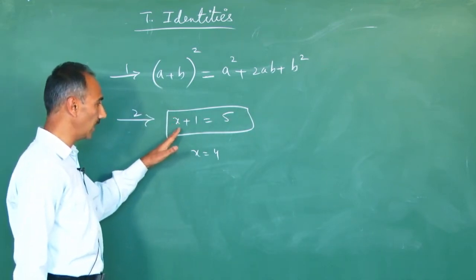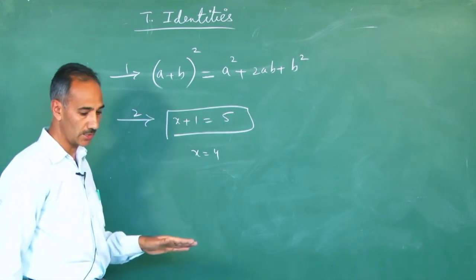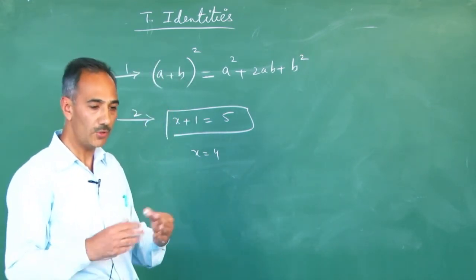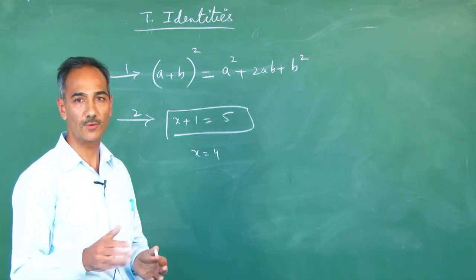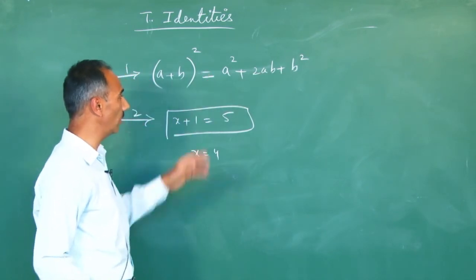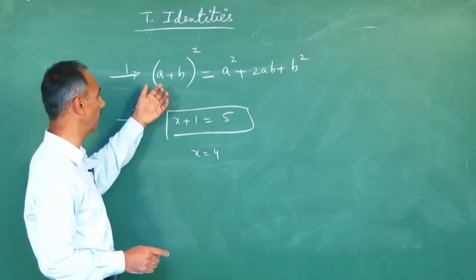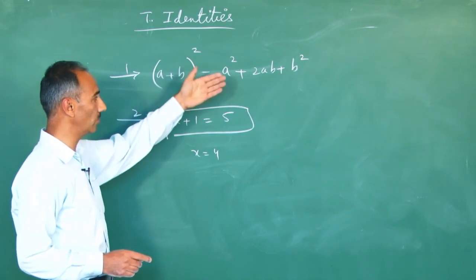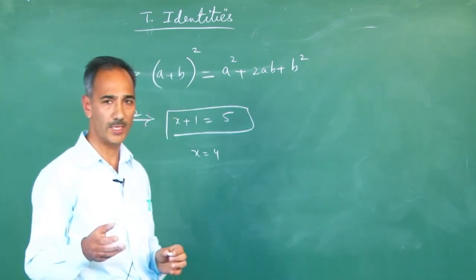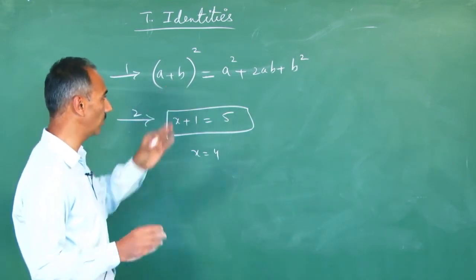That means an equation is true for selected values of the variable. But if you have an equation which is true for all values of the variable, like this one, true for all values of a and b. You put any value to a and b, left hand side will be equal to right hand side. Like a as 3 by 2, b as 1 by 7, left hand side will be equal to right hand side.